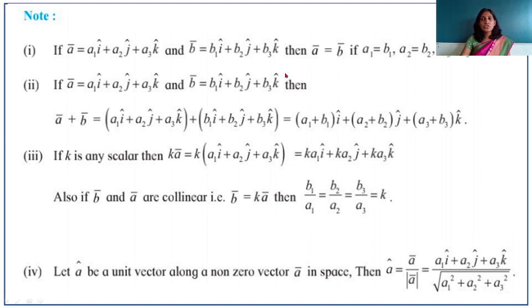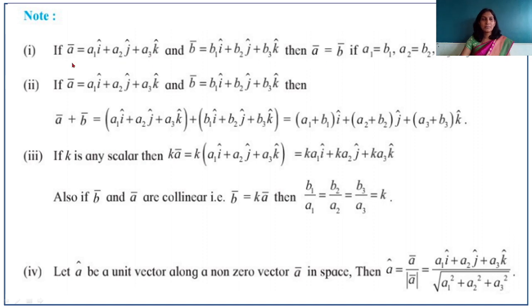Then the notes. These notes we already studied in the last lecture. If a bar is equal to a1 i cap plus a2 j cap plus a3 k cap, and b bar is equal to b1 i cap plus b2 j cap plus b3 k cap, then a bar is equal to b bar if a1 is equal to b1, a2 is equal to b2, and a3 is equal to b3.